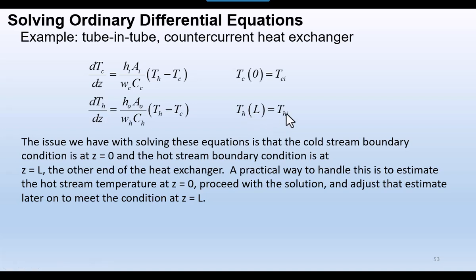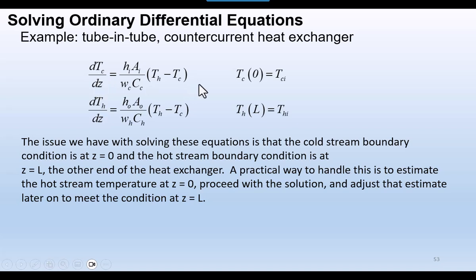So similar to our last example, in order to solve these, what we do is we start and we guess the outlet temperature for the hot stream, which occurs at Z equals 0. We have the inlet temperature for the cold stream.